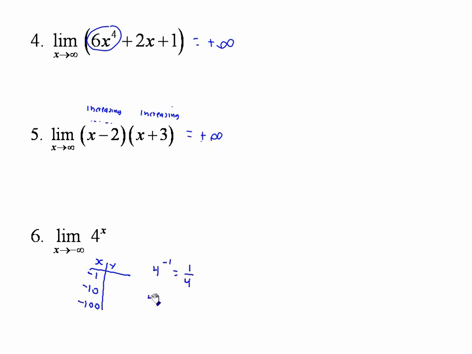And then 4 to the negative 10 is equal to 1 over 4 to the 10. So what's happening is with that negative exponent, we are getting a stable numerator and a larger and larger denominator. So it's going to be approaching 0. Same scenario we saw before.